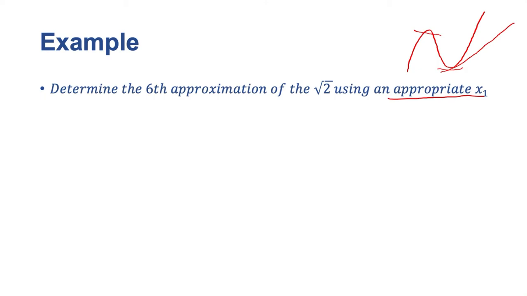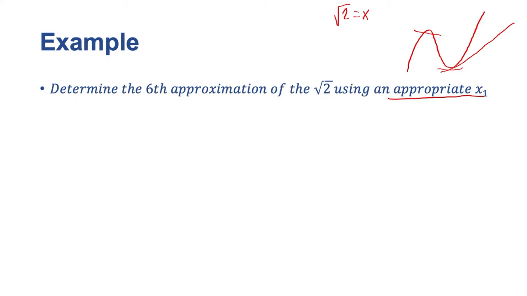But before we think about that, we need to think about how we're going to construct a function that we're going to differentiate to plug into the Newton's method formula. If I want to find the square root of 2, let's set that equal to x.